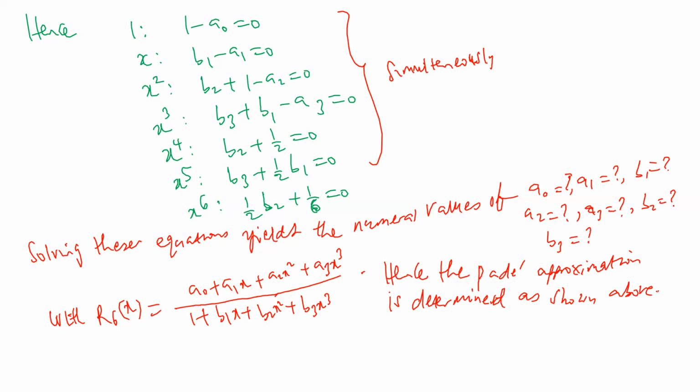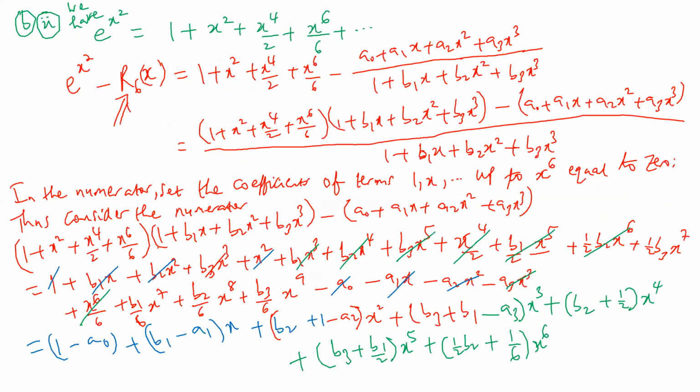Why did we stop at x to the power 6 here? It's because we're dealing with R6. We're dealing with R6 because if you check very carefully, there are higher powers here.